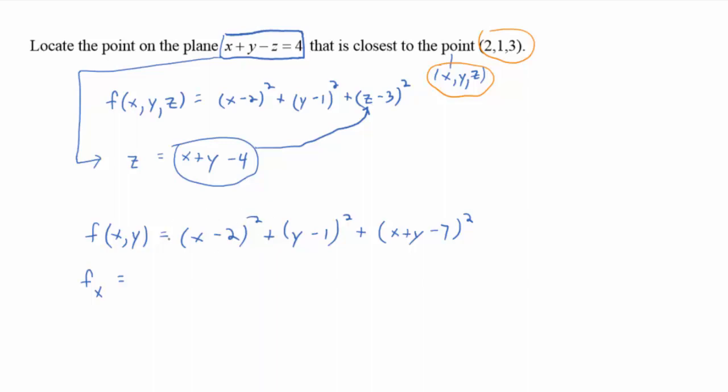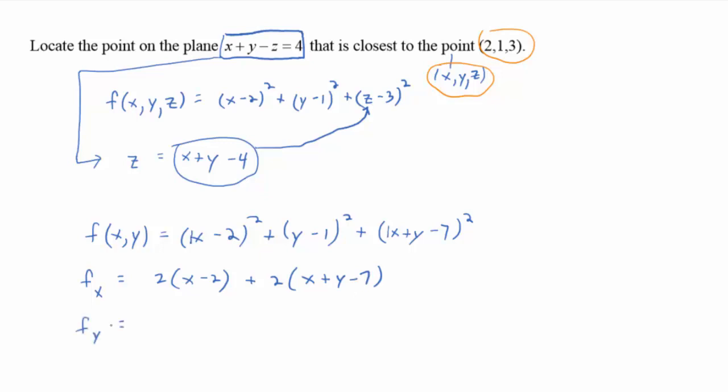You can use the power rule, right? 2 times the quantity x minus 2. There's also an x over here. The derivative of y minus 1 quantity squared with respect to x is 0. But the derivative of x plus y minus 7 quantity squared with respect to x, what's that? 2 times the quantity x plus y minus 7.